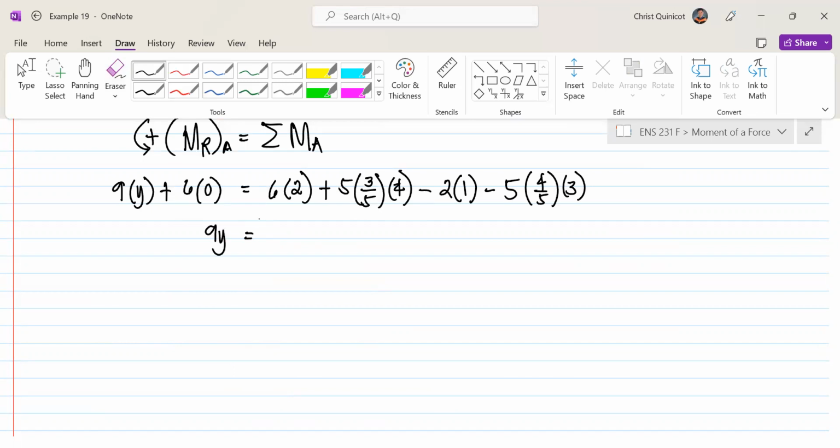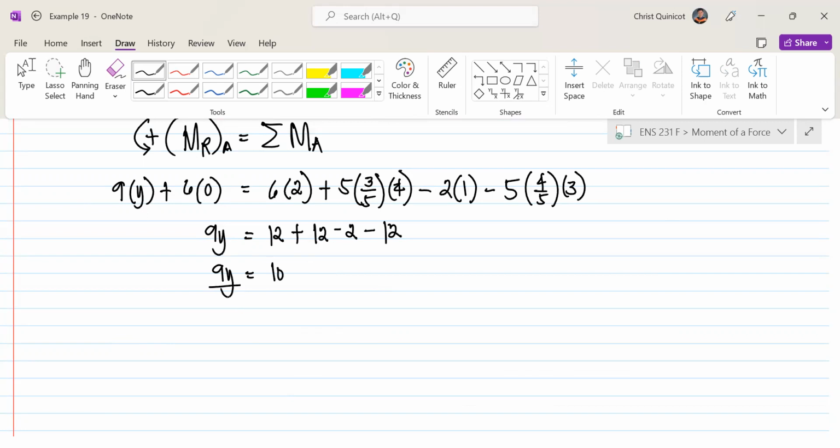Then this becomes 9y is equal to 6 times 2, that's 12, plus 5 times 3/5 times 4, that's 12 again, minus 2, minus 4 times 3, that's another 12. So our 9y is equal to 10. 12 plus 12 is 24, minus 12 is 12, minus 2, that's 10.